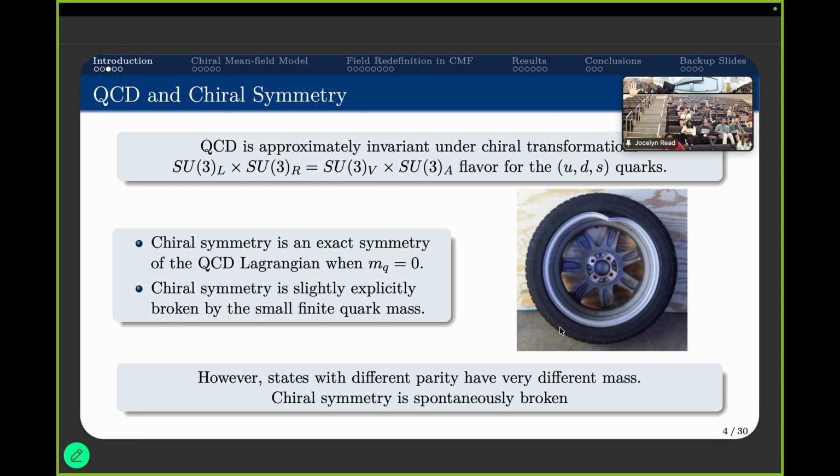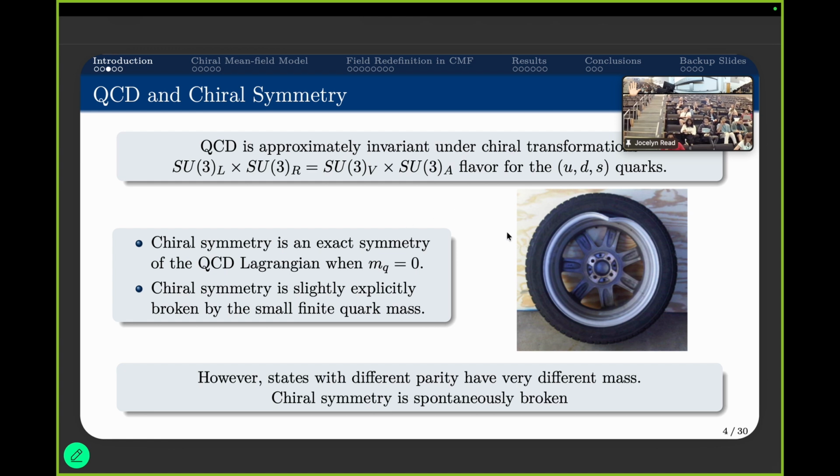And what about chiral symmetry? Chiral symmetry is a very important feature of quantum chromodynamics. QCD is approximately invariant under chiral transformation, described by SU(3)_L × SU(3)_R. It can also be represented in terms of vector and axial vector, and SU(3) represents the three flavors of quarks: u, d, s.